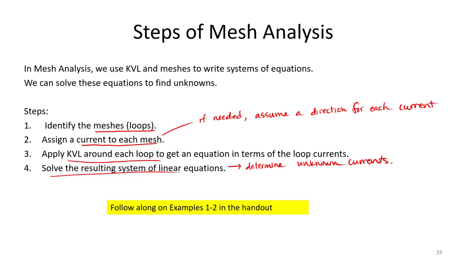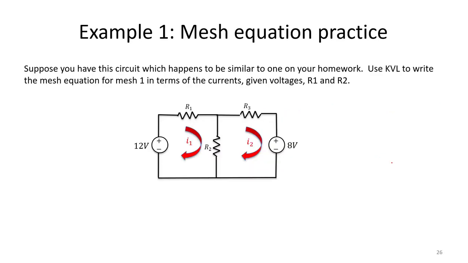Let's go ahead and do an example. So suppose we have this mesh equation here. We have a circuit, and it might be similar to one on the homework. And we want to use Kirchhoff's voltage law to write the mesh equation for mesh 1.